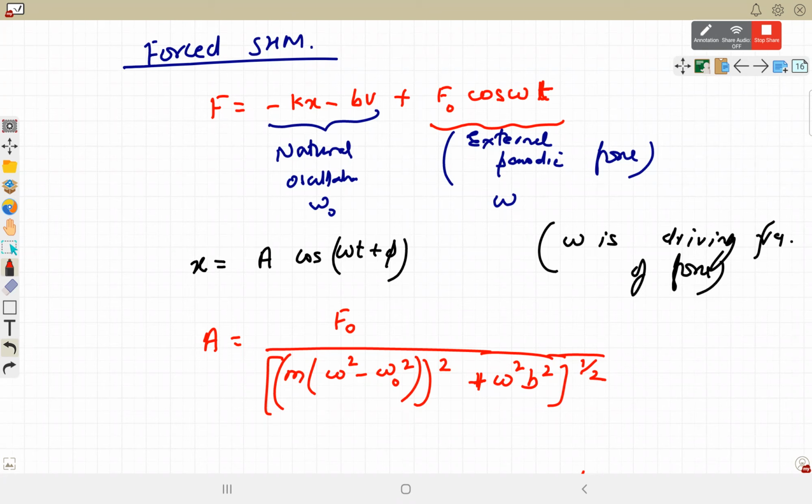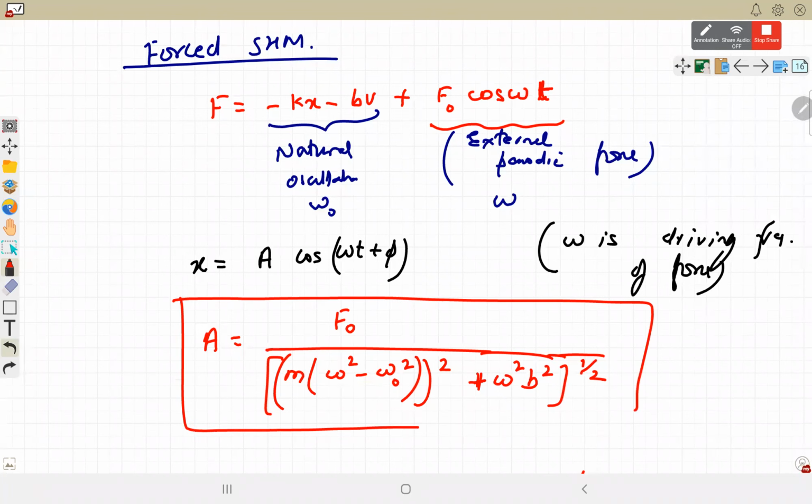Omega is the frequency of force, omega naught is the natural frequency, and F naught is the force amplitude. So this is the formula for the amplitude of periodic force SHM.